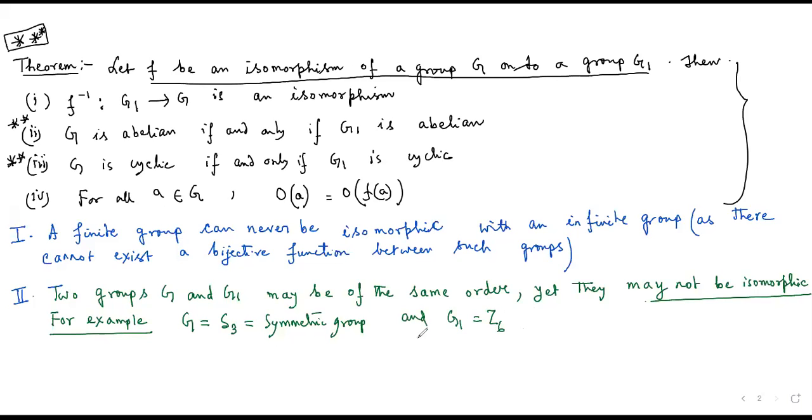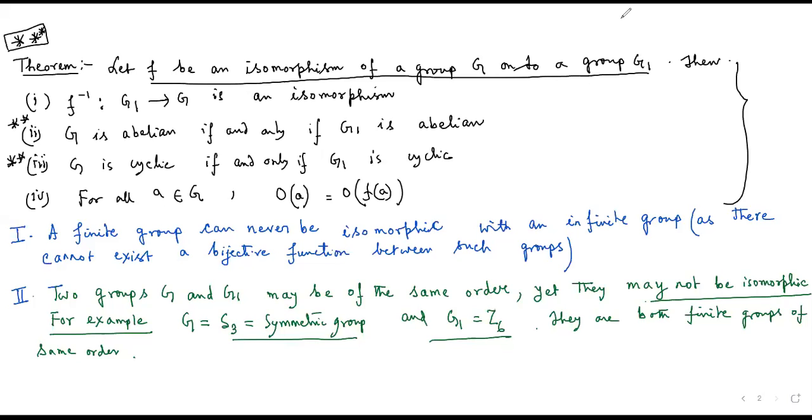So these two groups we have considered. You see, they are both finite groups of the same order. The order of S3 is 6, and the order of Z6 is also 6. But you cannot say that S3 and Z6 are isomorphic to one another.